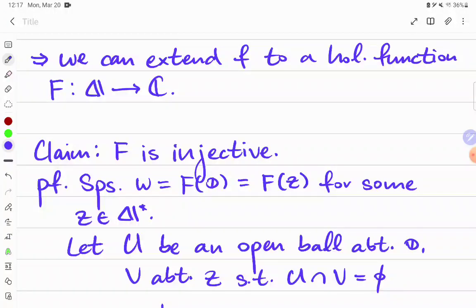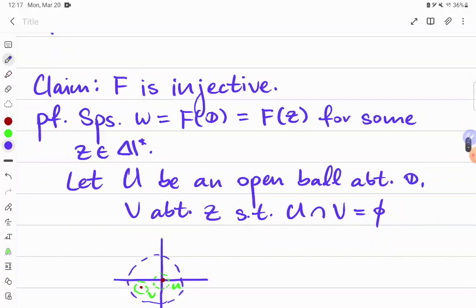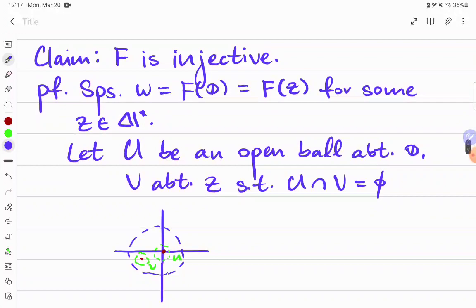So distinct points have disjoint neighborhoods in general. In a pictorial format, this is what the situation might look like, where we have this red point being 0, and we have this green neighborhood u, we have this other point in the punctured disk, which is z, and we can find some disjoint neighborhood v about that point.